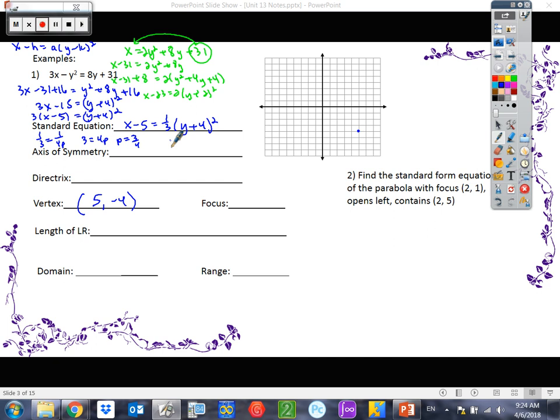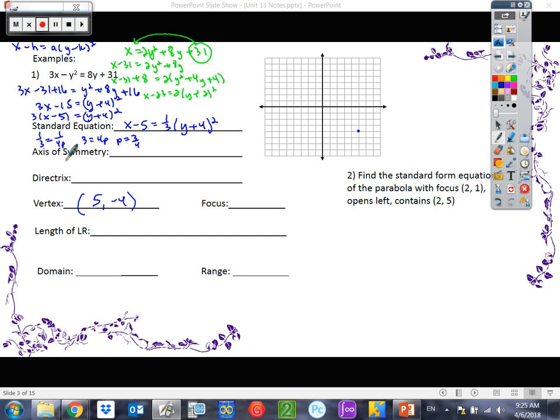And if p is negative, it's going to open to the left or down. It's kind of like a. It has the same tendency as a, because they're related to each other, right? This is the relationship a equals 1/4p, the relationship between a and p. That's why we need to understand that, so we know how to find a or p.